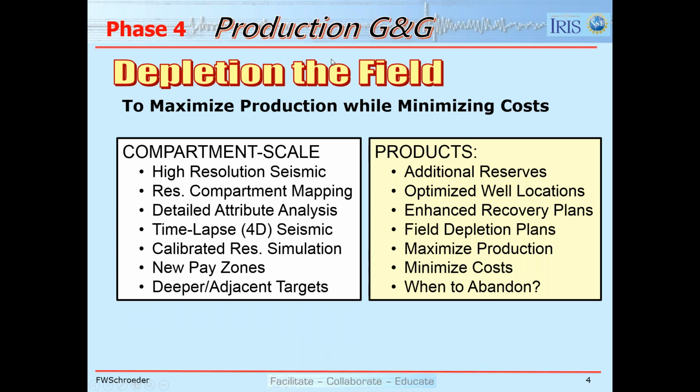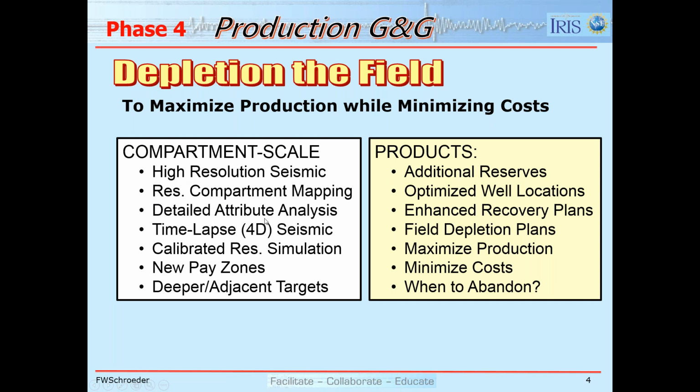When we're in phase 4 production, our main objective is to try to maximize the production and to hold down our costs as much as possible. So we're looking at compartment scale studies. We may need high resolution seismic data, and I have a couple of examples of that. We want a detailed map of our reservoir compartments.